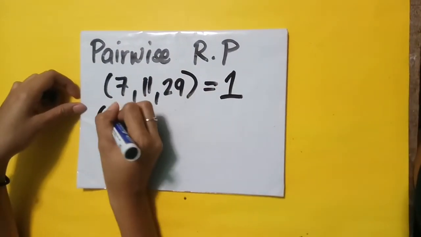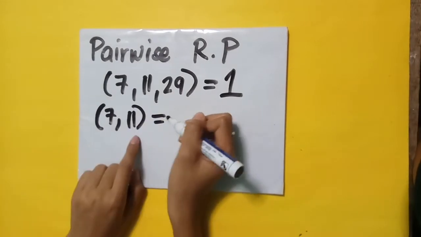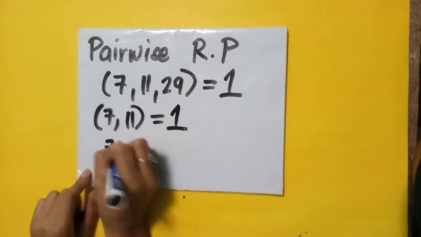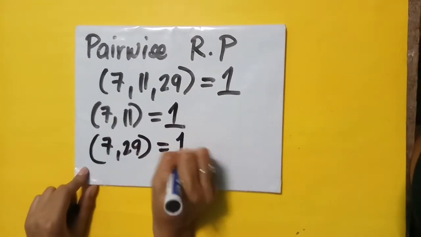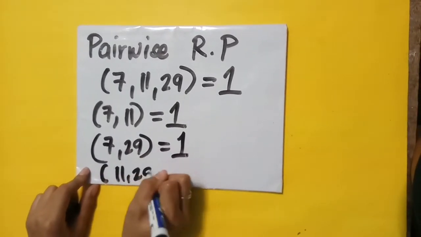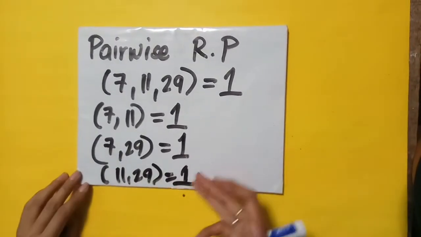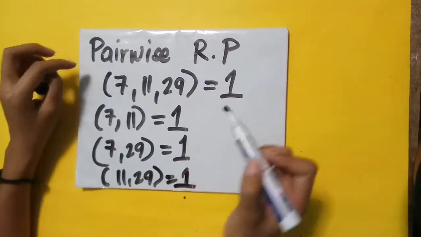But when we take 7 and 11, their GCD is equal to 1. And also 7 and 29, their GCD is also equal to 1. Same with 11 and 29, their GCD is also equal to 1. Therefore, 7, 11, and 29 are pairwise relatively prime.